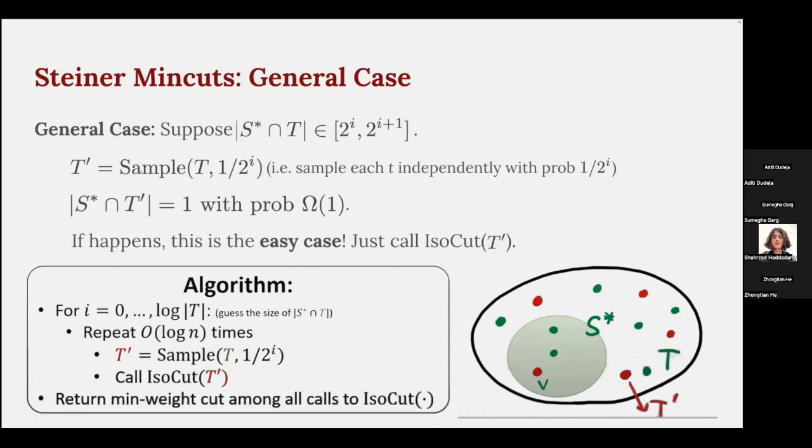And we repeat log n times to boost the probability that we succeed. Each time we sample a T prime, and if there exists exactly one terminal in one side of this standard Mincut, then the isolating Mincuts will just give us the value of the standard Mincut.